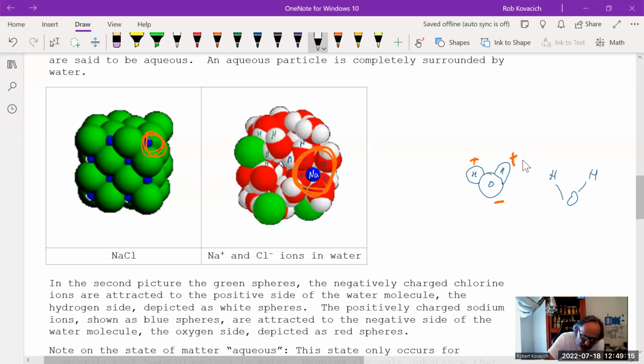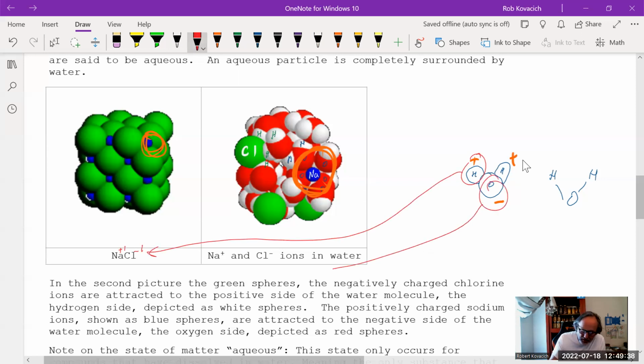And what I have here is my chlorine. So it's the other side of the water molecule that's going to attack the chlorine, because in this chemical reaction of Na's and Cl's, if I look at the oxidation states, sodium is a +1 and chlorine is a -1. So the positive side of the water molecule, the hydrogen side, would like to interact with the chlorines, and the negative side, the oxygen of the water molecule, would like to interact with the sodiums.